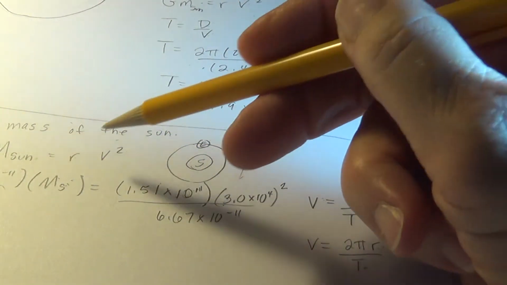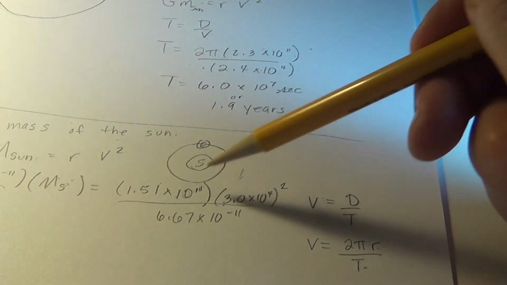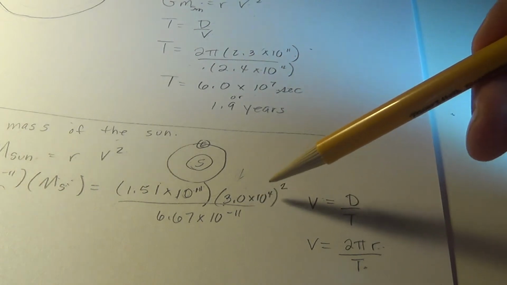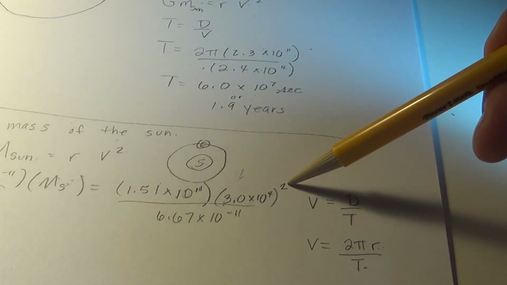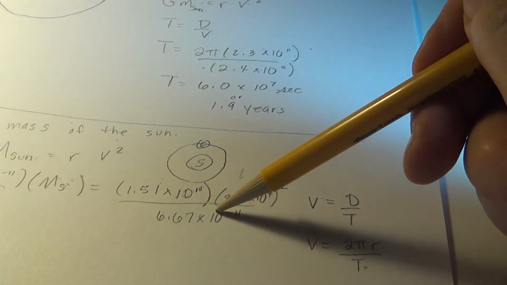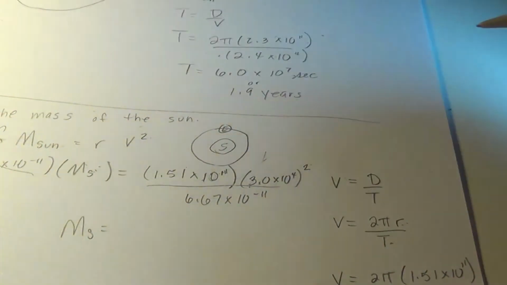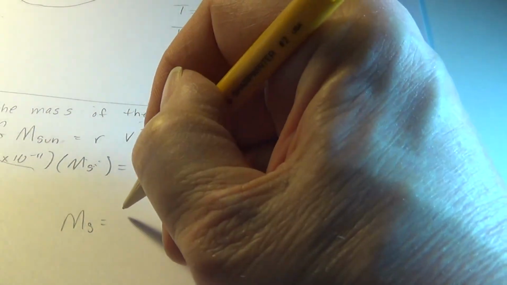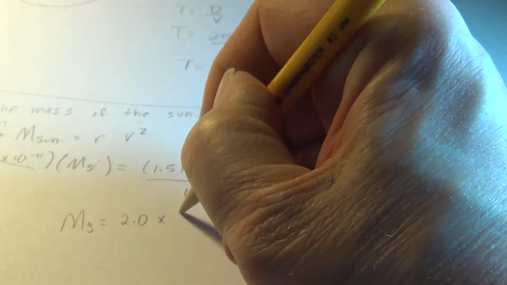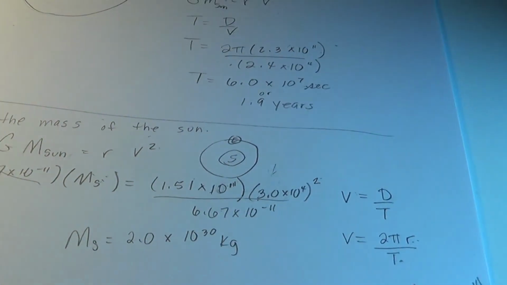So the mass of the sun equals 1.51 times 10 to the 11th times the quantity 3.0 times 10 to the 4th, squared, over 6.67 times 10 to the minus 11. When you calculate all that, the mass of the sun comes out to be 2.0 times 10 to the 30, and that's a mass, so it's in kilograms.